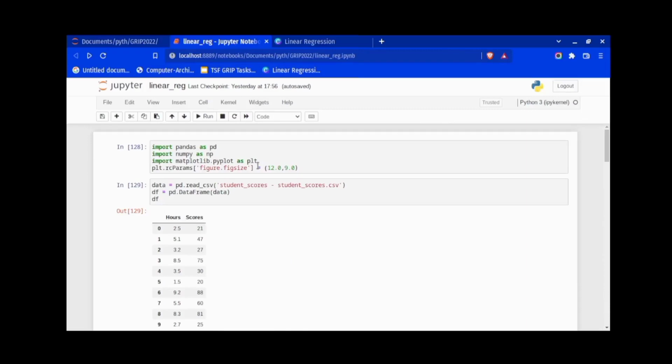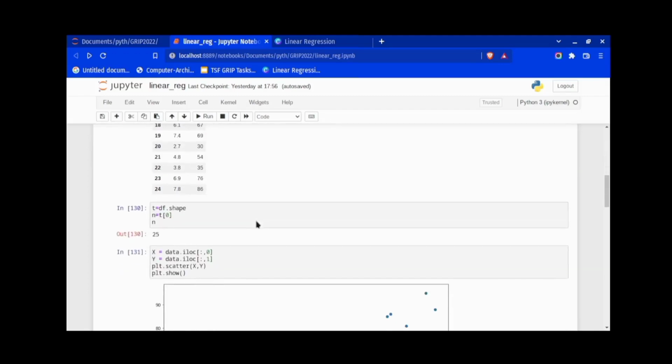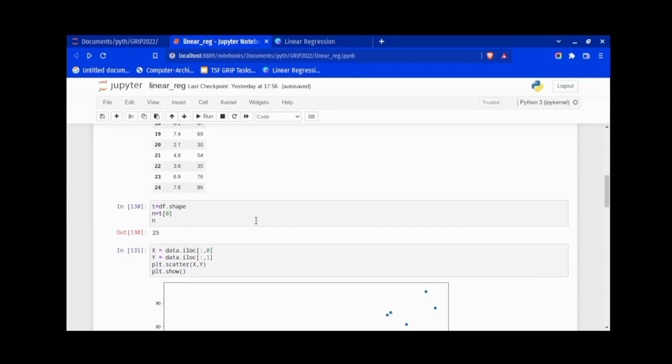Here we are importing the modules pandas, NumPy and Matplotlib, and then we are extracting the dataset using the read CSV function, and printing the dataset using a data frame. We obtain the rows and columns values as df.shape, and store the row count as n for further calculations.